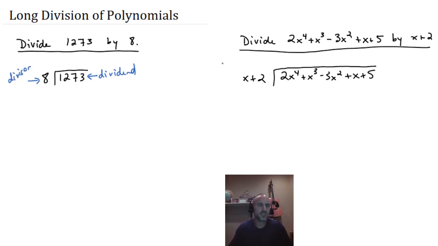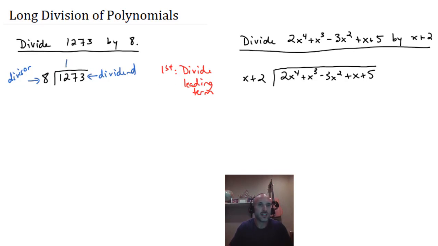All right. So the process starts by the first thing you do is you divide, but you don't divide all of it. For example, if we knew how many times 8 went into 1273, we wouldn't have this process. So we don't divide all of it. We divide just the leading term. So I start by dividing 8 into 12, and 8 goes into 12 one time.